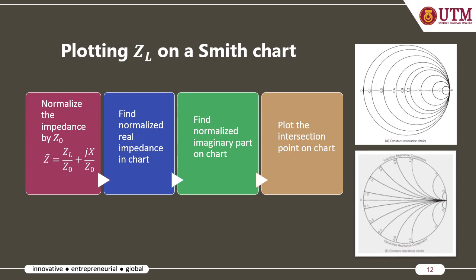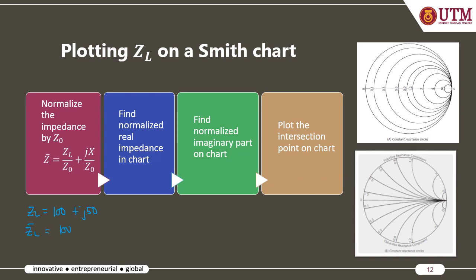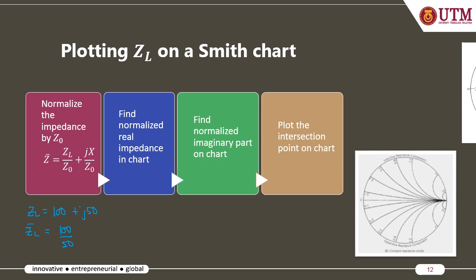Given, for example, ZL equal to 100 plus j50, when you normalize, ZL prime equals 100 divided by 50, assuming Z0 equals 50 ohm, plus j50 divided by 50. You need to normalize both the real and imaginary parts by the same Z0 value. So your normalized impedance equals 2 plus j1.